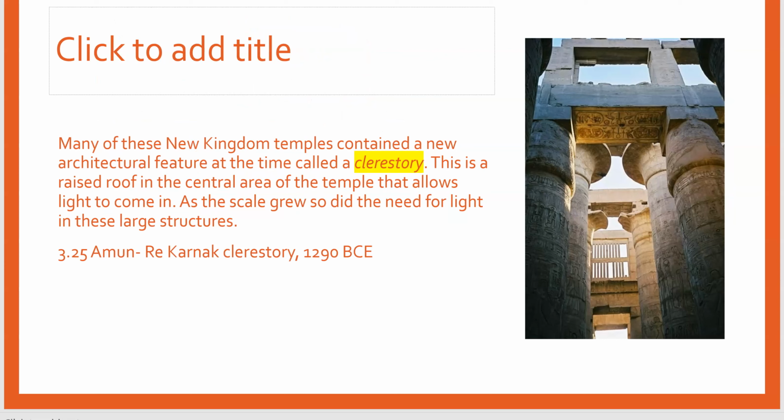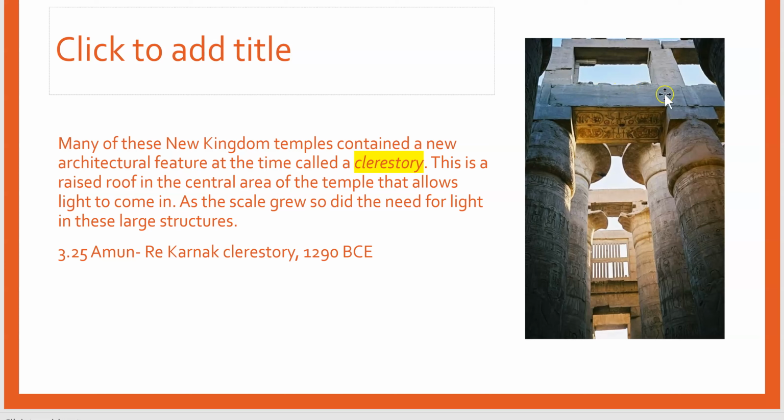What's a term I want you to know that really comes about? We talk about columns, but these columns lead to something called a clerestory. And so when you look up, that's what's happening here. The clerestory is the space above the columns and usually is left open so that you can get some light. You can imagine by putting columns so close together, because the materials are so heavy, they can't span a great distance, right?